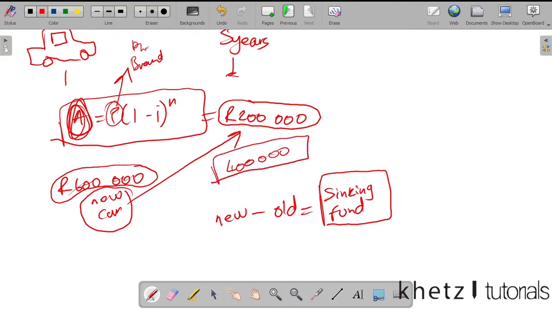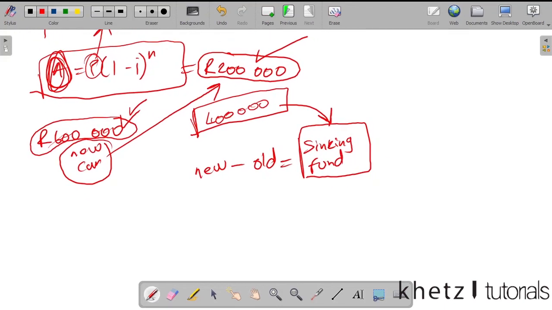And that is the amount which you have to raise, or find some way to satisfy this purchase of this new item after selling your old item. So once again, you're going to have the price of the new item, and you're going to subtract the price of your old item after selling it after a certain number of years, and that would be your sinking fund. So that is a sinking fund.